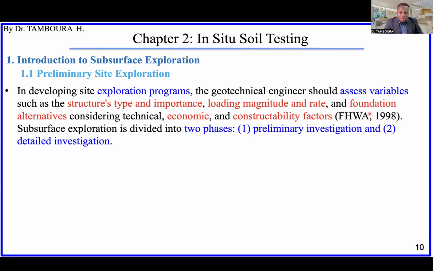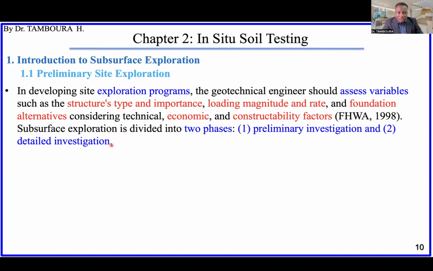This is from the Federal Highway Administration. So we have two phases: the preliminary investigation and the detailed investigation. The preliminary investigation is, let's say, not deep, but the detailed and final investigation is very important, because it will affect the cost.